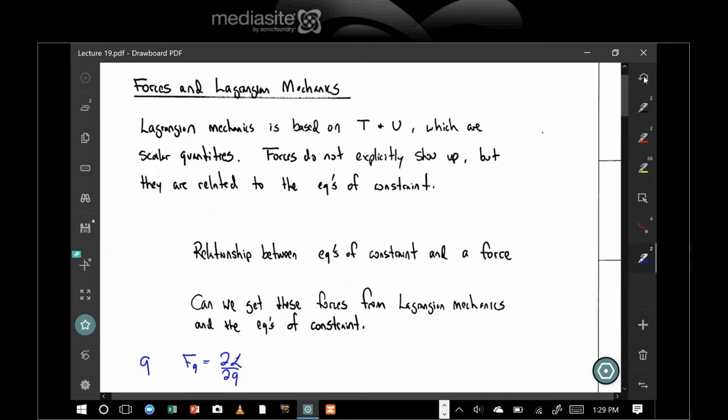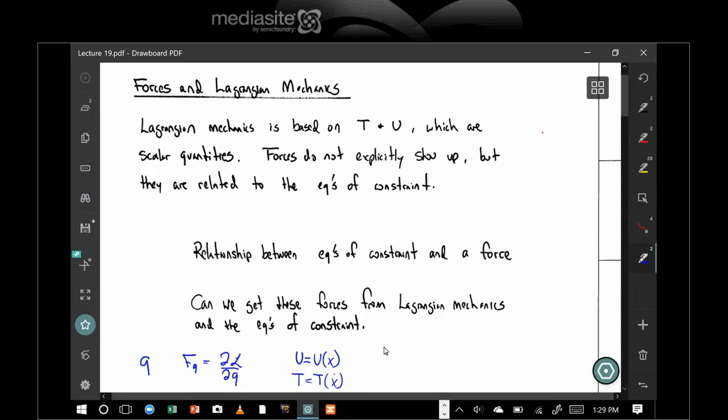Usually, when I take this derivative, I'll get the force associated with a potential. Why is that? Remember, the potential energy is just a function of position, and the kinetic energy is just a function of velocity.